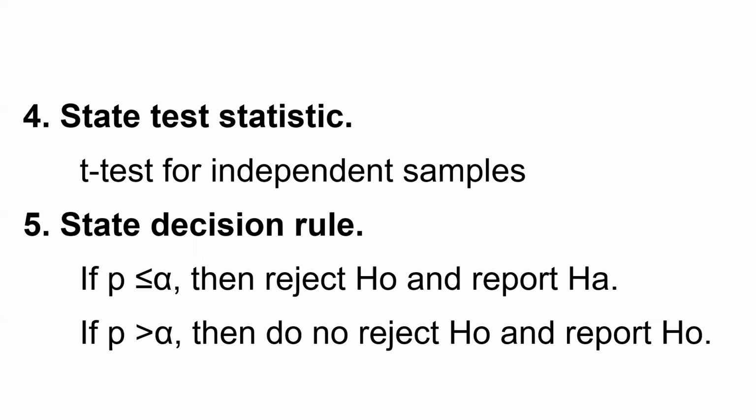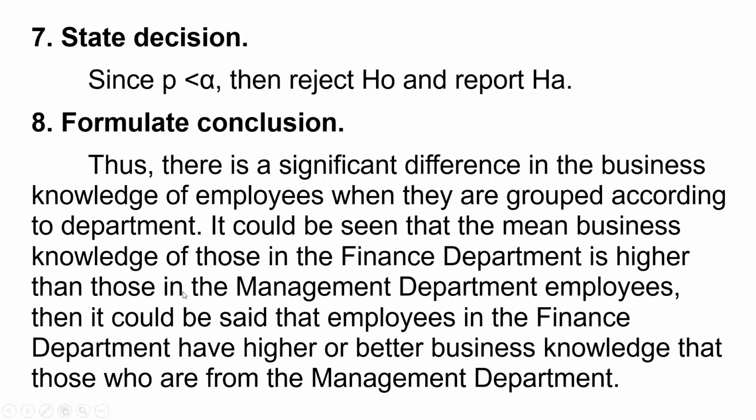What should we do po? Since p is less than alpha. Are we going to reject H0 or do not reject H0? We will. Because p is less than alpha, then we should reject H0 and report HA.